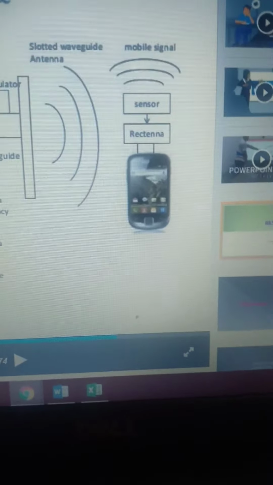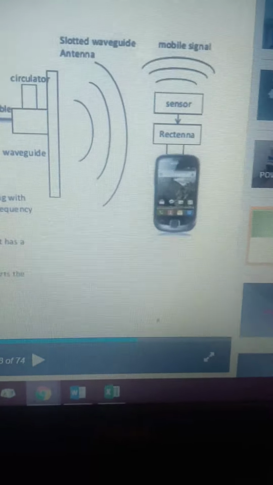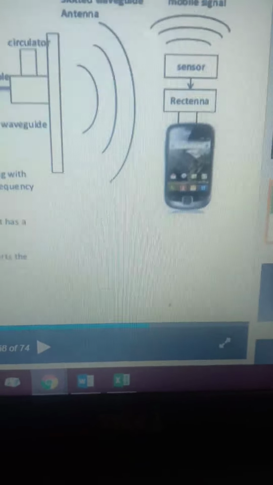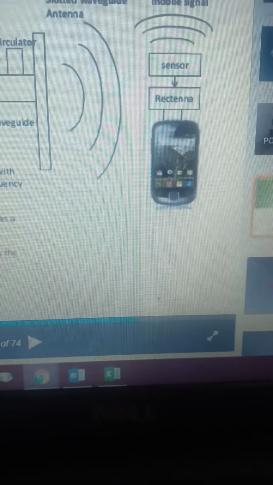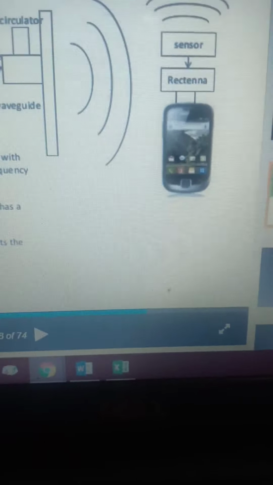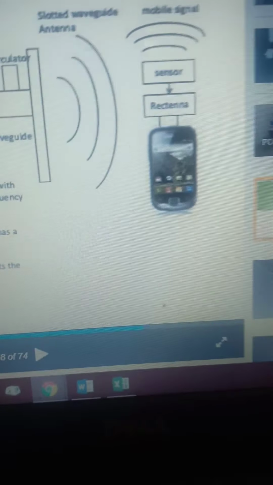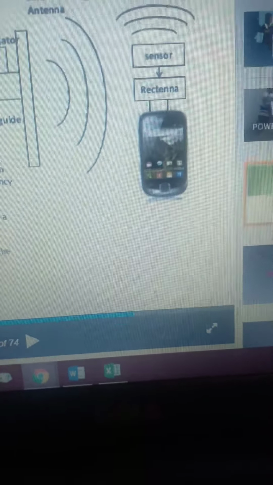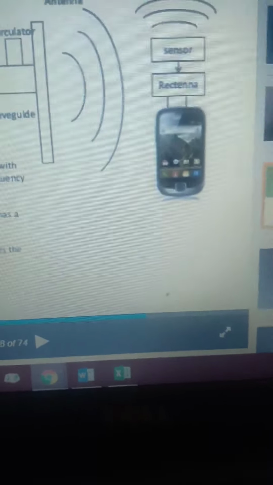If it detects a call, it turns on the rectenna, and this rectenna converts the microwave power to DC power, so that the mobile gets charged during the call time. This is the principle of operation.